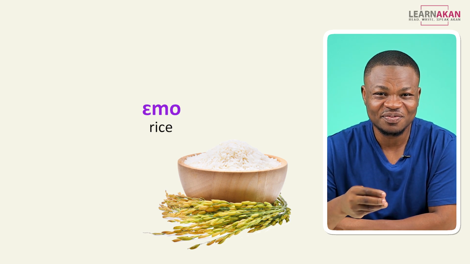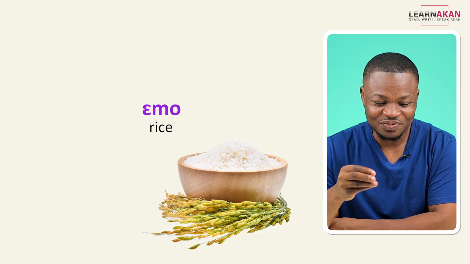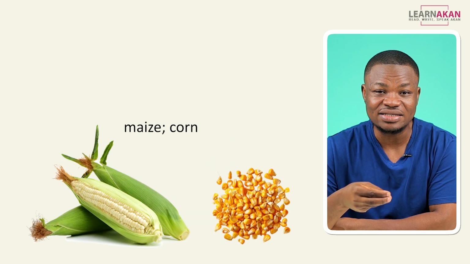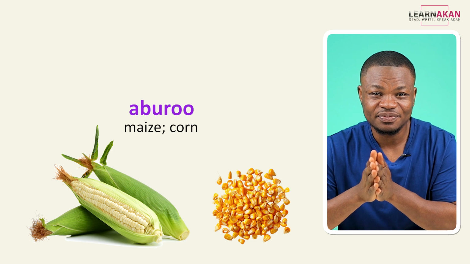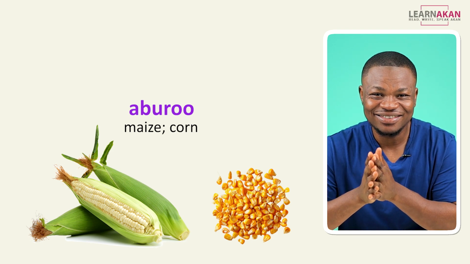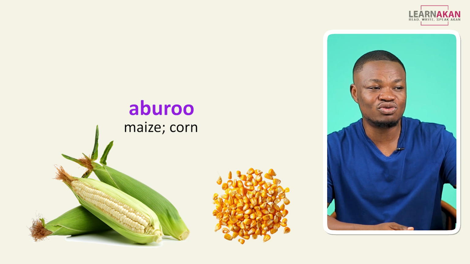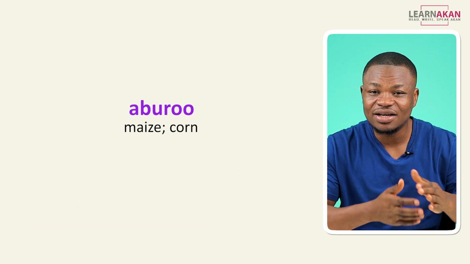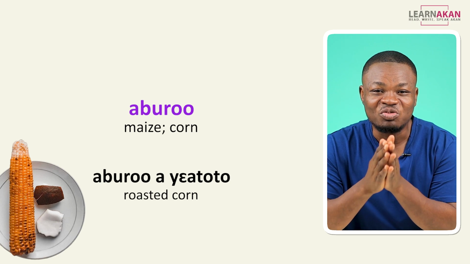Emo. Next, we have maize or corn, and that is ebro. When you're in Ghana, you find some women roast corn by the roadside. We call that ebra yatutu.